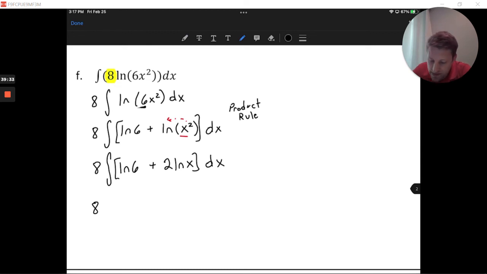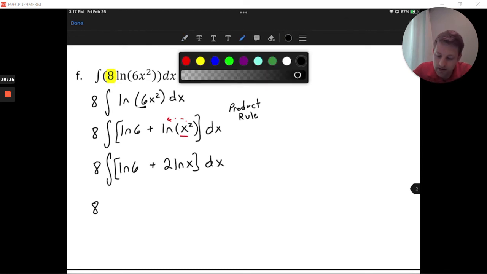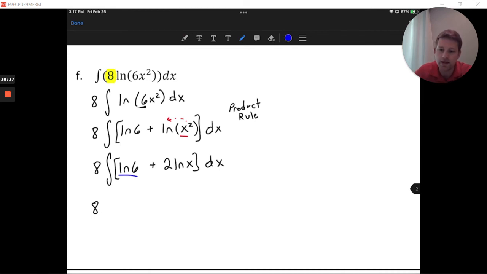The natural log of 6 term is a constant itself, and so when it's inside that integral and we take the integral dx, we attach a natural log of 6 times x. So we'll have natural log of 6 times x. And if you want, you can put a little bracket there just to make sure it's not confused with the x outside.